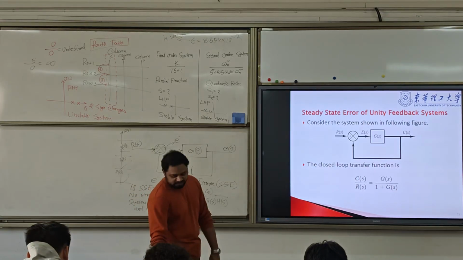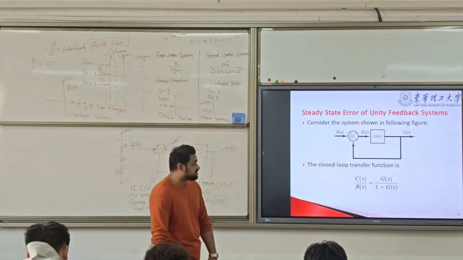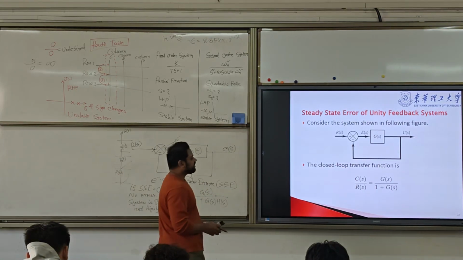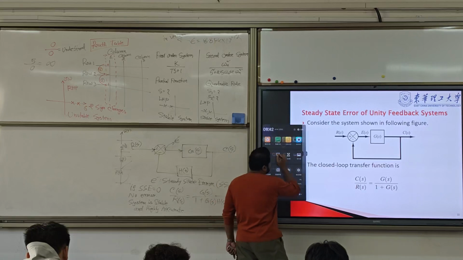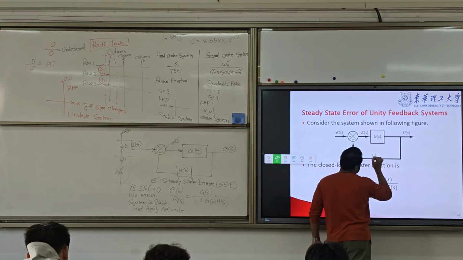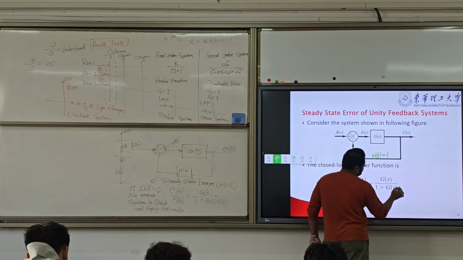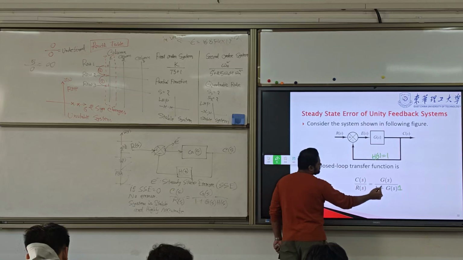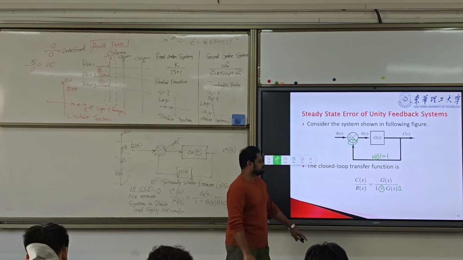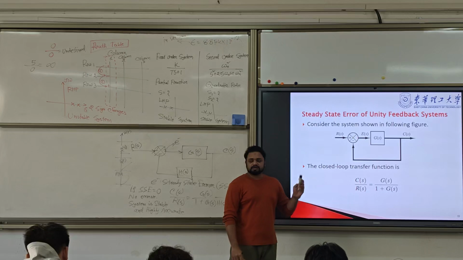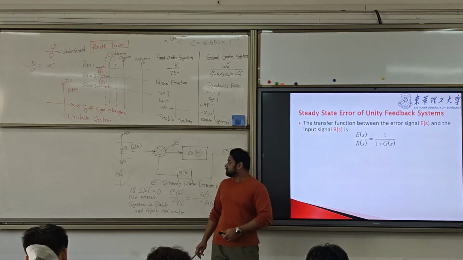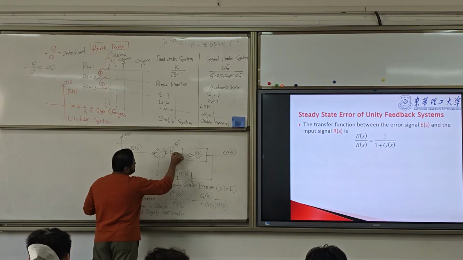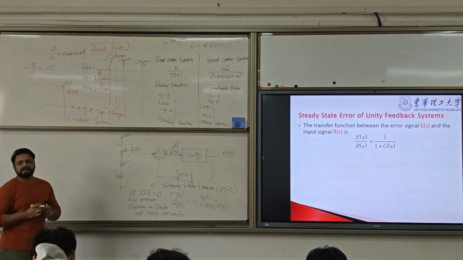How do we calculate it? We can calculate it by using steady state error. Calculating the steady state error: this is the transfer function C(s) by R(s) equals G(s) over 1 plus G(s). Why is it G(s)? Because here H(s) equals 1. So it is 1 plus G(s), with plus because of the negative feedback. Here we have an error term, which we call E(s).